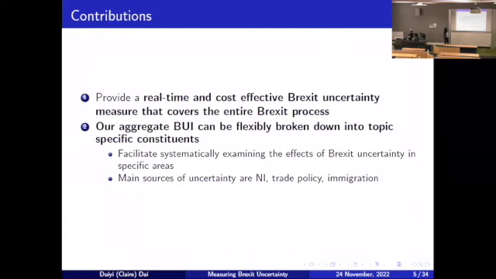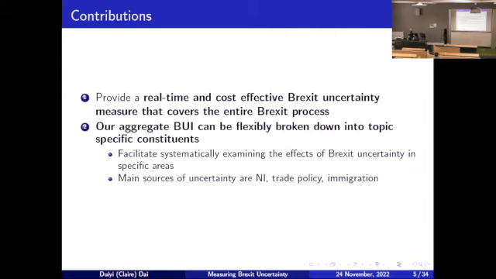So we do it. As for contributions, we have 3 main contributions. The first one, it provides a real-time and cost-effective Brexit uncertainty measure that covers the entire Brexit process, both pre-referendum and post-referendum. Also our aggregate BUI can be flexibly broken down into topic-specific components, which facilitates systematically examining the effects of Brexit uncertainty in specific areas.